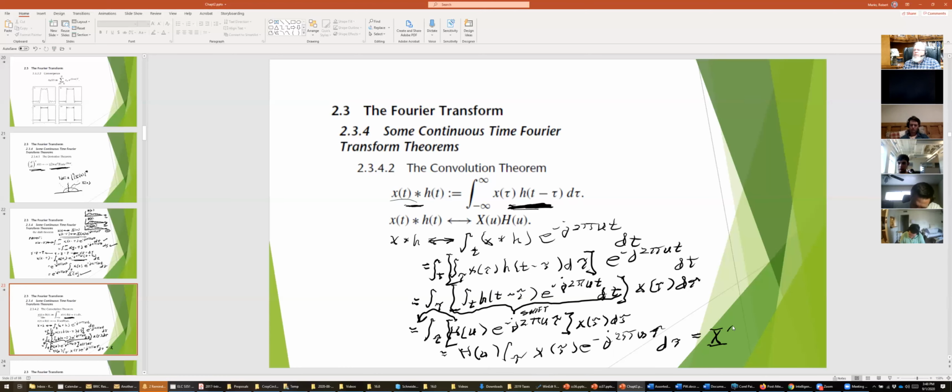We have proven the premise that we have multiplication in the frequency domain. Relatively straightforward. So we have down here what we promised up here: that the Fourier transform of the convolution is equal to the product in the frequency domain. This, of course, is a very important way to characterize linear time invariant systems.